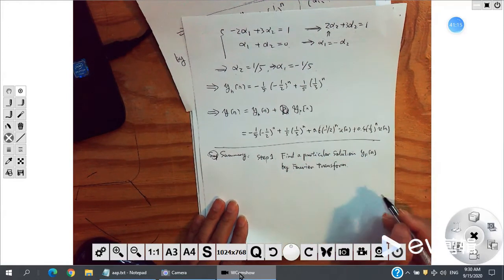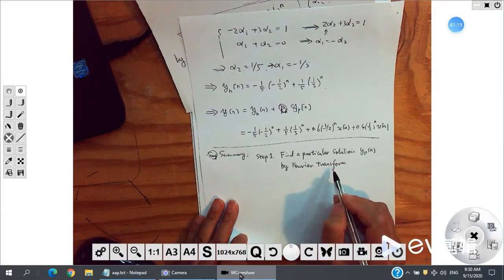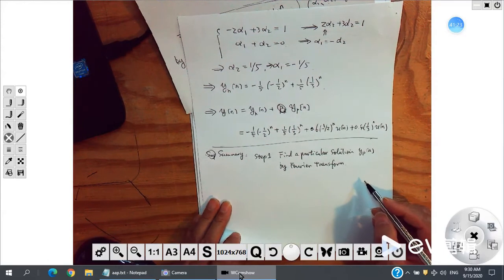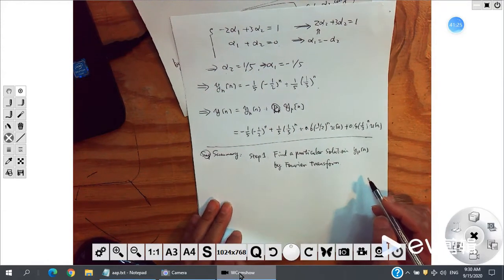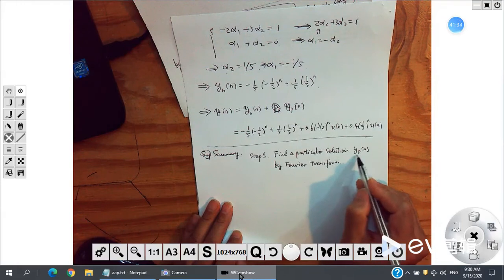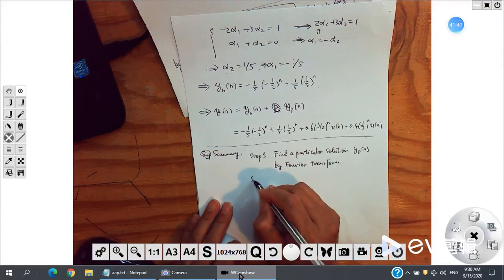Later we will know we can also find Y_P by Z transform. We will study Z transform later. Maybe you already know something, right? Some early courses should have material about Z transform. You can also use Z transform to find this particular solution. Now maybe that is a different function.